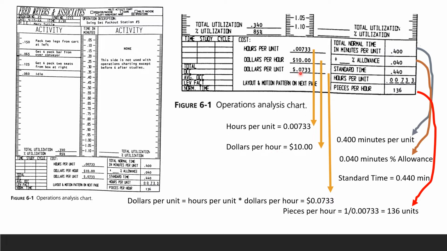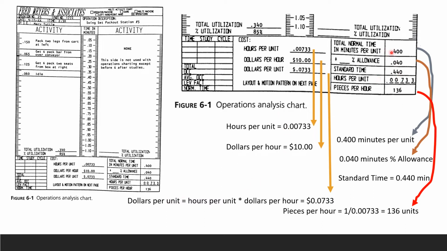Dollars per hour is right here, and then you calculate dollars per unit. Pretty easy. All you have to do is multiply this and that, and you will get 0.0733, only one decimal down because you're multiplying with 10. That's the dollar that you spend for each unit, the labor cost.